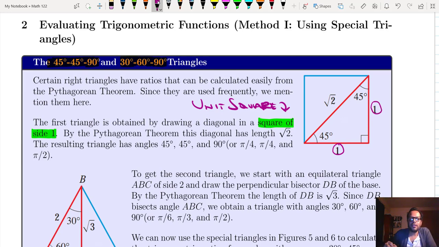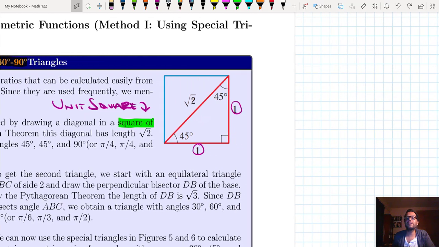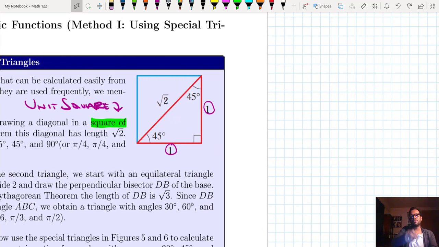If we find the length of the diagonal, which is marked in red right here, the one that I'm highlighting, well, in that case, we would get the square root of 2. Let's do that on the side real quick. You might want to use the back side of your page or the space below if you're writing all this down, right?